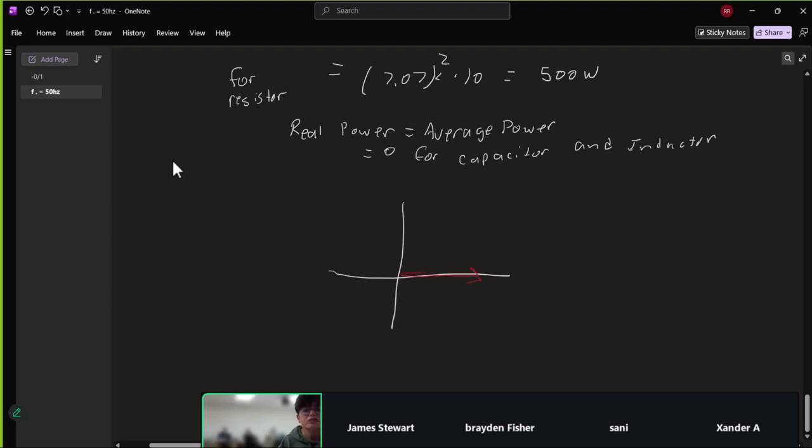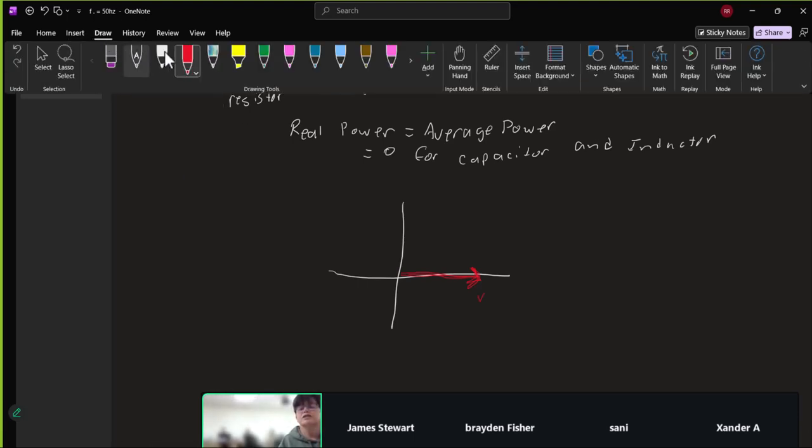So even though these will be representing different units, we still try to do them proportionally to the numbers, unless it's way off and doesn't really make any sense. Okay, so this was V. I for the resistor was also at 0 degrees, and I for the resistor was 7.07.